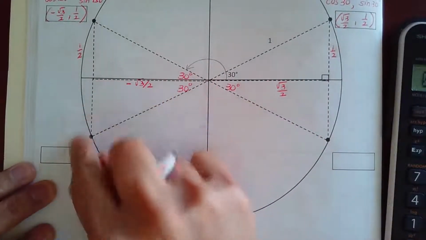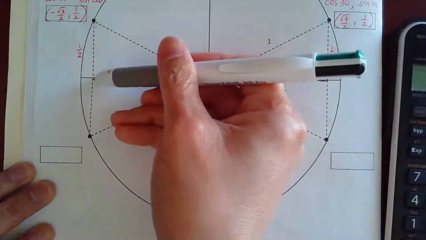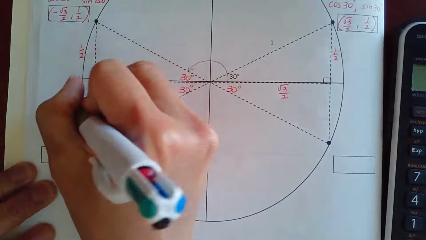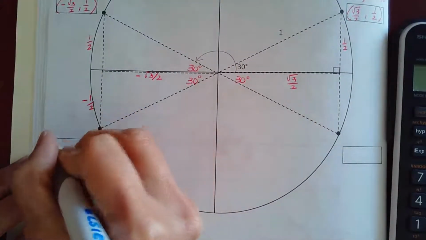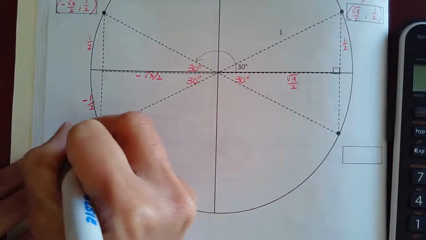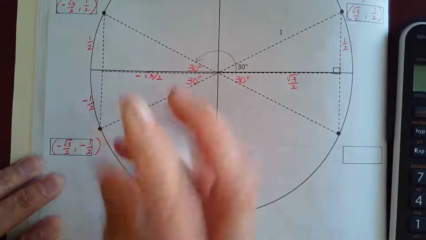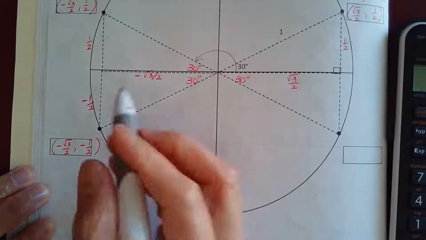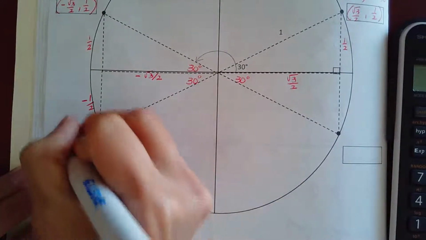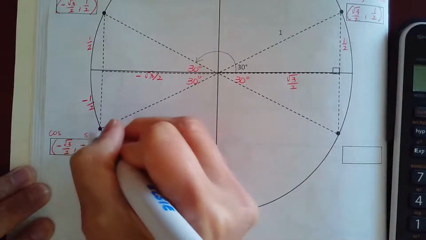Now let's go to the next one in quadrant number 3. X is negative, Y is also negative. So this is going to be negative 1/2. So the point there is negative root 3 over 2, comma negative 1/2. Both X and Y are negative. Okay, so we know that this is going to be cos of an angle, and this is a sine of an angle.